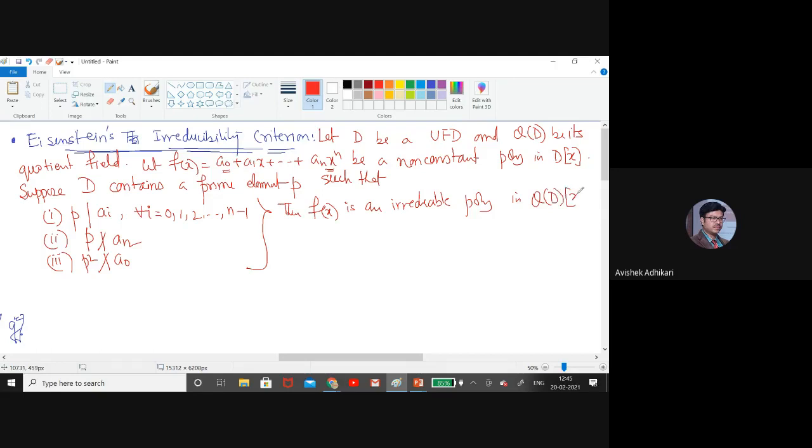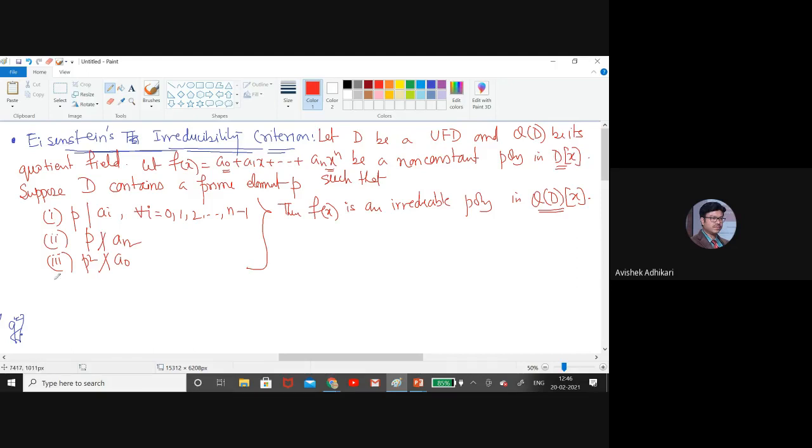Now I started with the polynomial in D[x], but my conclusion will be in the quotient field of D, that means Q(D)[x]. Now you can understand if f(x) is a primitive polynomial in Q(D)[x], then suddenly you can also conclude the same thing in case of D[x]. So that can be done.